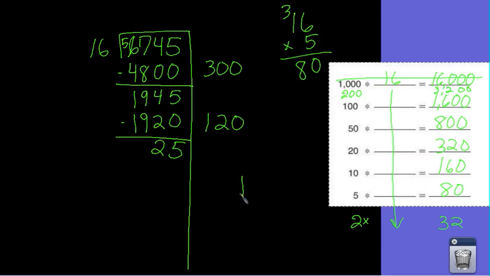So my partial quotient is going to be 1. 1 times 16 is 16. If I subtract, 25 minus 16 is 9. And then I'm going to have a remainder of 9. If I add these up, 300 plus 120 is 420, 421, remainder 9.